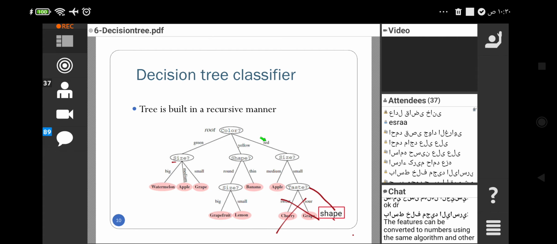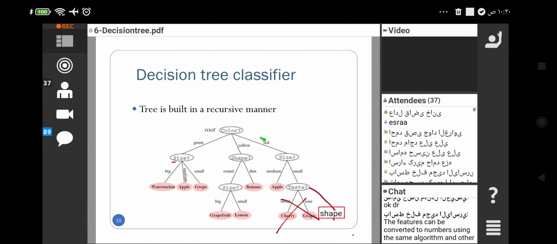In this situation, the decision tree converts the data to discrete values. If the values are continuous and don't have a limited number of values, it will convert them and partition the data.